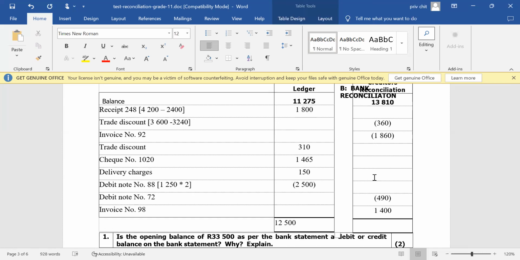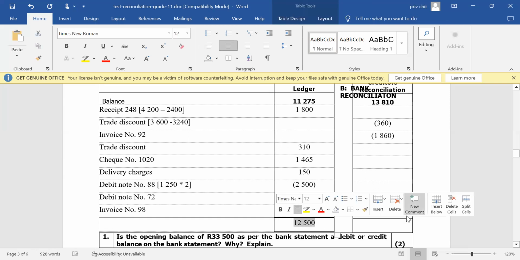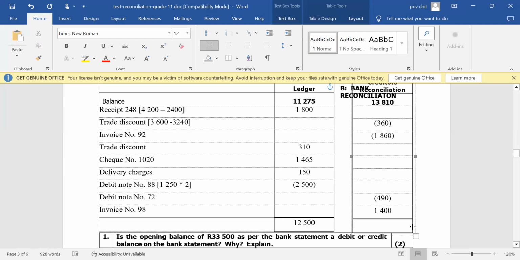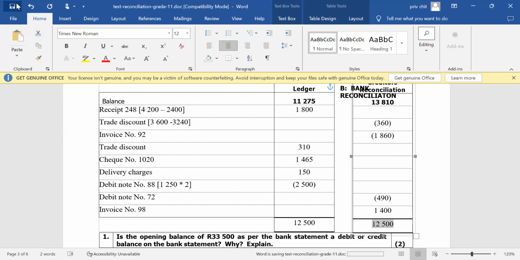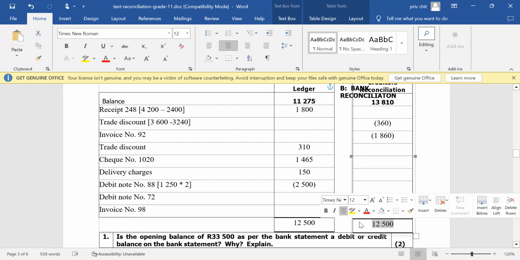And for the second column, same thing, 12,500. So it means your creditors reconciliation is balanced. That's it. Correct. Are we happy?